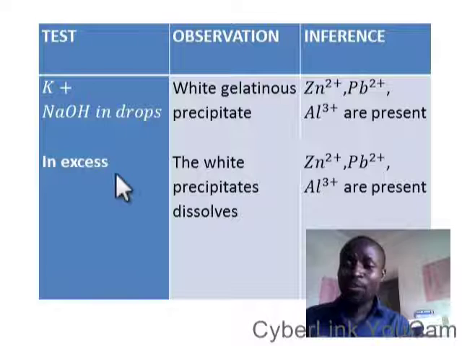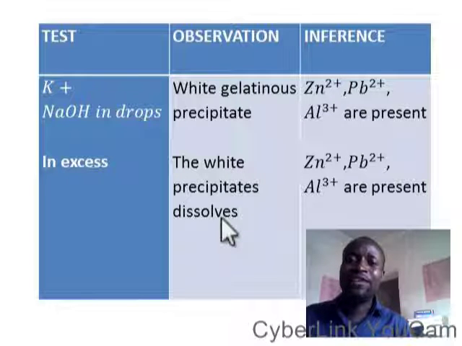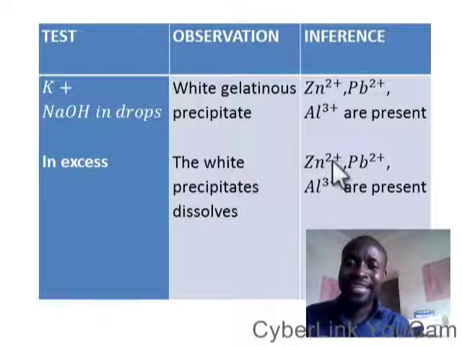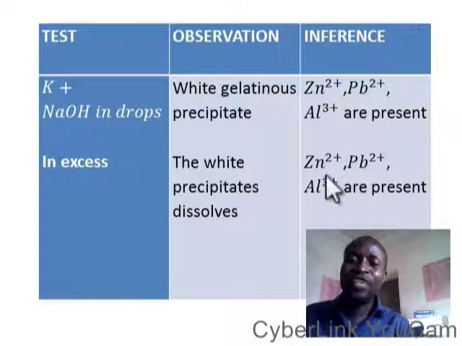Now, when you add sodium hydroxide in excess, the white precipitate dissolves. If the white precipitate dissolves, it could be zinc, it could be lead, it could be aluminum. Now, let me add something to this.